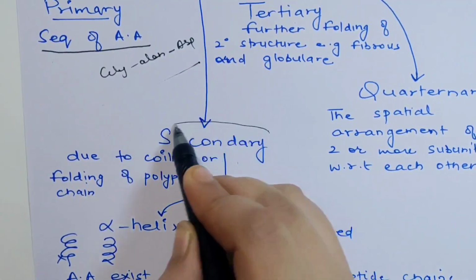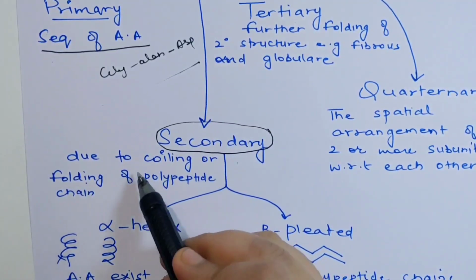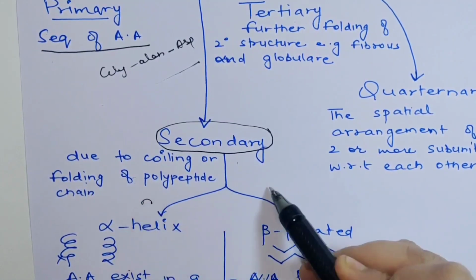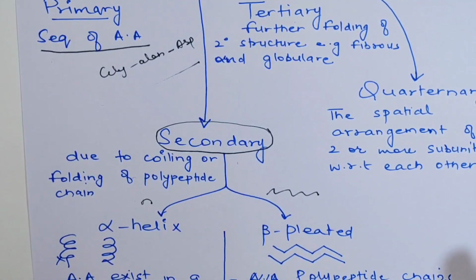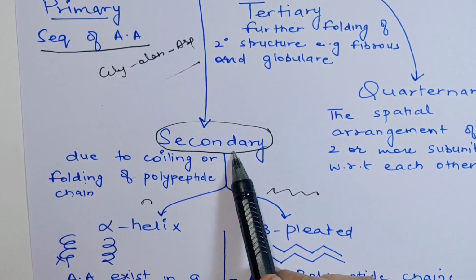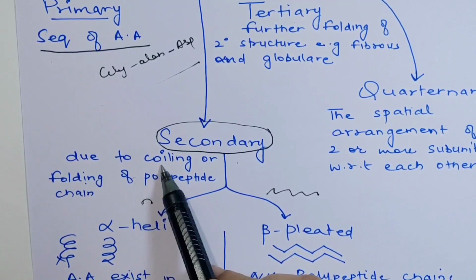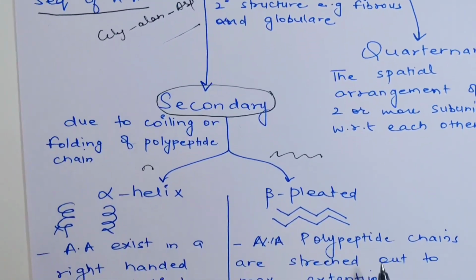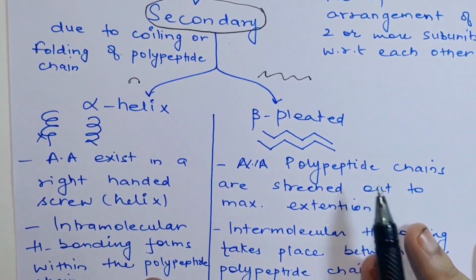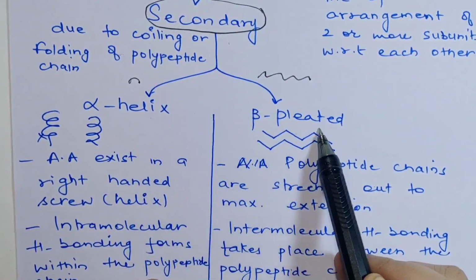And that polypeptide chain will either coil up or will fold, and that would be its secondary structure. Secondary structure is assumed by either coiling or folding of the polypeptide chain. So based on that, there are two secondary structures: alpha helix and beta pleated.